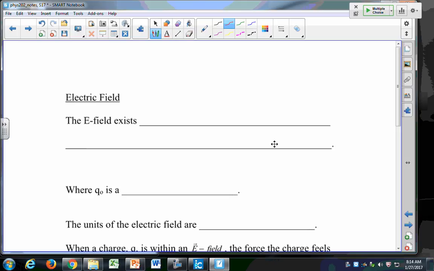Do you have lightning rods in your house? A lightning rod just allows a place for the charges to escape into the atmosphere. So this is like a little lightning rod. Look what happens when I hold it up. And if I put my finger over it, I'm not allowing the charges to escape.